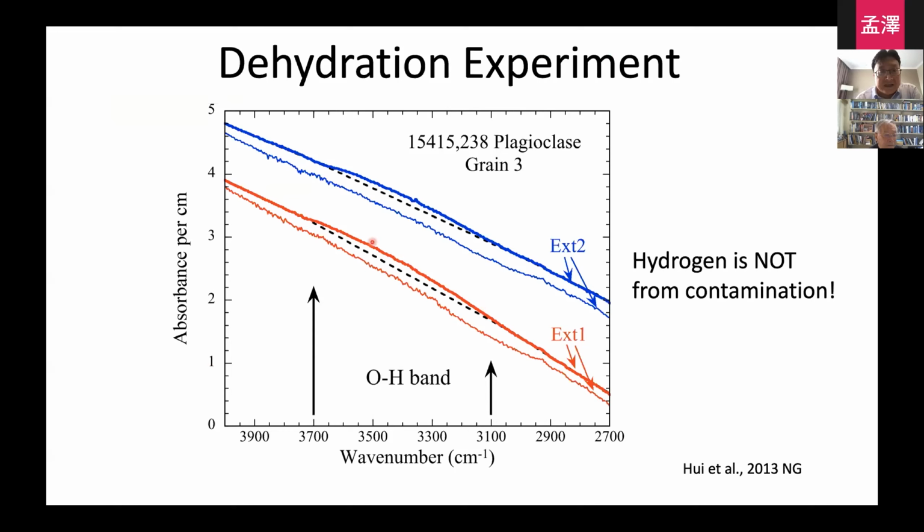We show that after the dehydration experiment, the absorbance peak is smaller than the original one. That means the hydrogen we measured is in the plagioclase crystal lattice defects. That means it's from the moon.